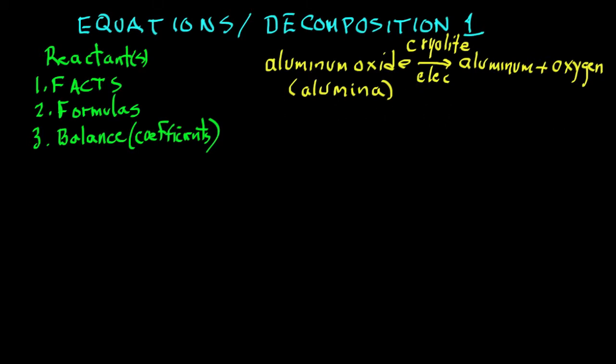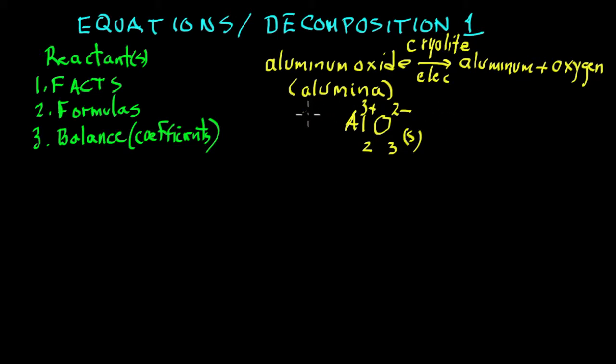Okay, the second step is the correct formulas. Aluminum oxide is a metal plus a nonmetal. So we're going to list Al and oxygen. Now remember, it's not that shiny aluminum now. It's a white substance. Aluminum is a 3+ ion. Oxygen is a 2- ion. This becomes Al2O3, a solid.